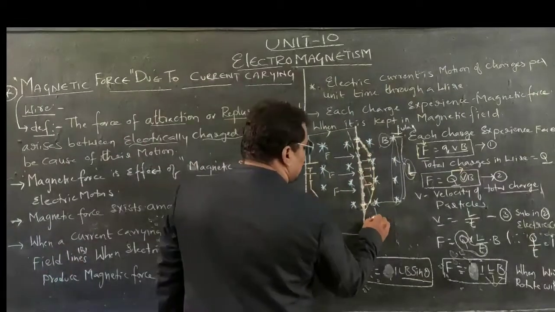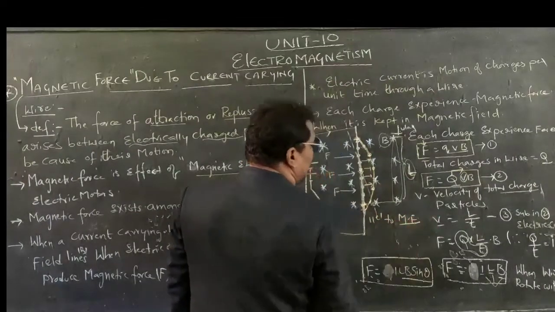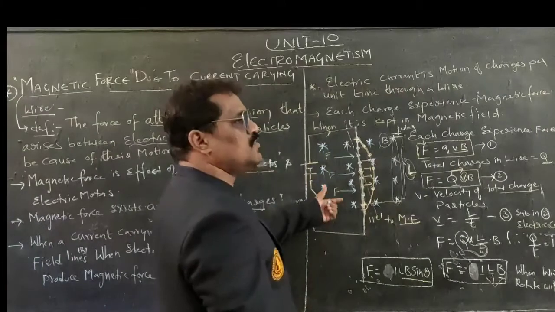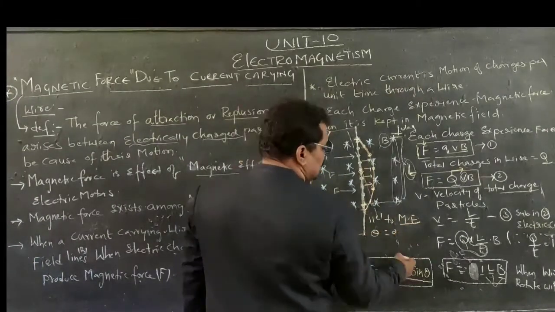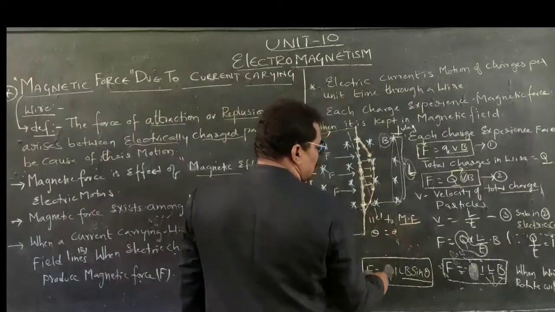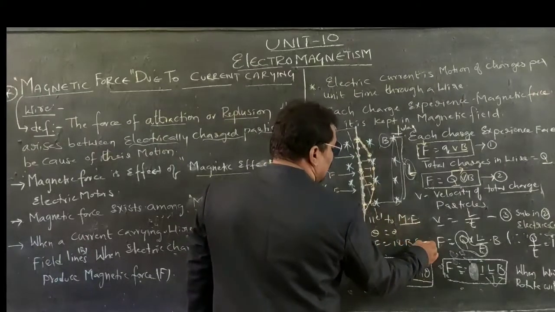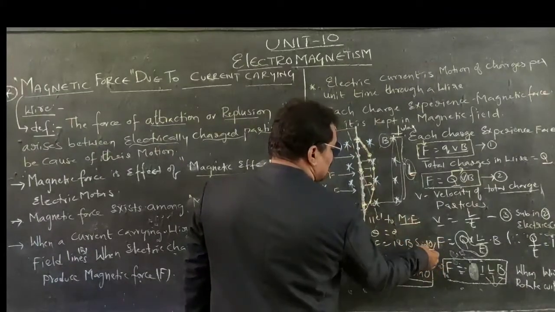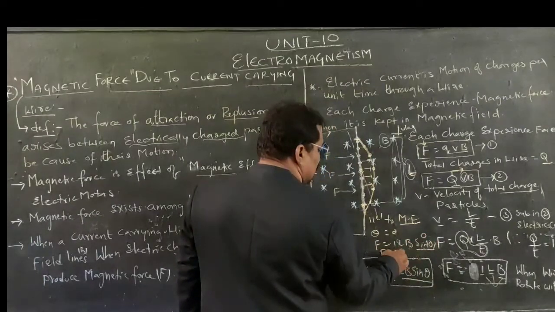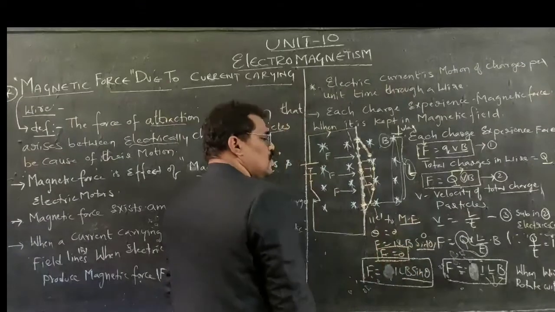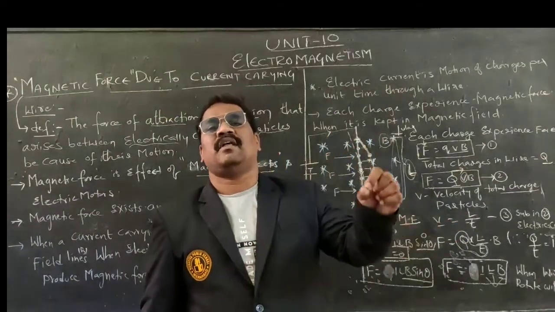If I keep this wire exactly parallel to the magnetic flux density, then the angle theta is equal to 0. Therefore sin 0 is 0, so F = ILB sin 0 = 0, and 0 times anything is 0. Therefore the net force is 0. There won't be any force on that wire.